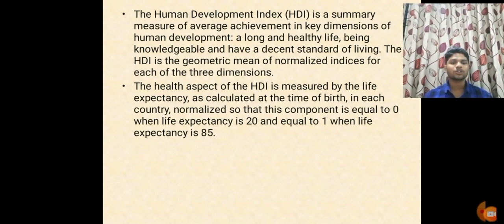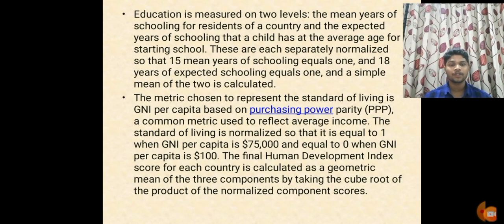The health aspect of the HDI is measured by life expectancy at birth in each country, normalized so that this component is equal to 0 when life expectancy is 20 and equal to 1 when life expectancy is 85, that is, high.